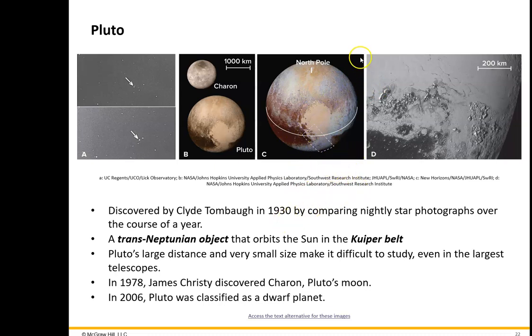Pluto does not meet that last criterion, because there's stuff at about the same distance in the Kuiper Belt. Eris is actually a little further out in the Kuiper Belt, but there are all of these trans-Neptunian objects. We've seen hundreds and hundreds of these things, and that's a region of the solar system that is currently being investigated.